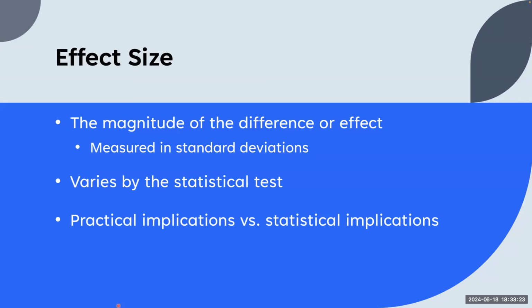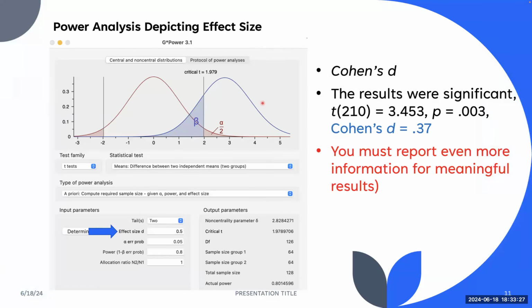If Cohen's d is 0.37, what that means is that that is 0.37 of one standard deviation, okay? That's what that means. So let's make the numbers easy. Let's just say that the standard deviation was 1.